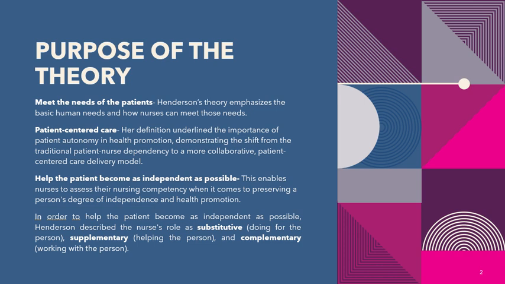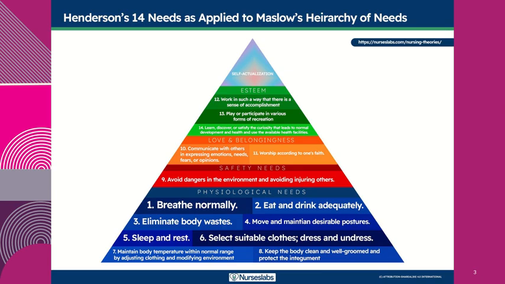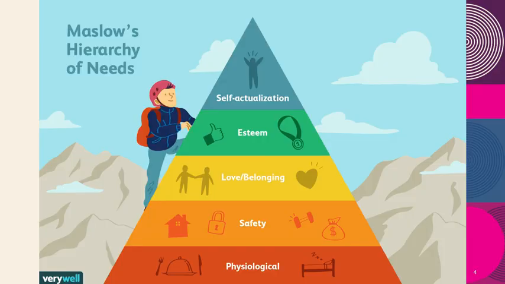Okay, so now let's proceed to Henderson's theoretical model. Henderson's 14 components can be compared to Abraham Maslow's hierarchy of needs due to their similarities. This is Henderson's model as applied to Maslow's hierarchy of needs. Now let's compare it to Abraham Maslow's as a short comparison.